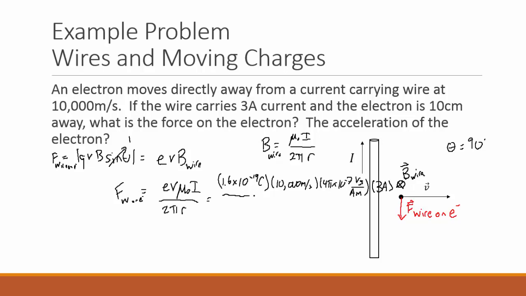And now in the denominator, I'm going to divide all of this by 2 pi times the distance away from the wire, which in this case is 10 centimeters, or in meters, 0.1 meters. And when I multiply this all out, I get 9.6 times 10 to the negative 21 newtons, which is an extremely small force. So this is the magnitude of the force, and then the direction of the force is downward.